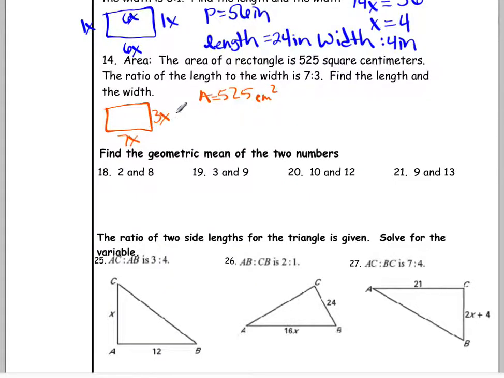So 7x times 3x is what you're going to do for your area. And that will give me 21x squared, because you've got to do that x times x there, equals 525. So now we need to get our x alone.